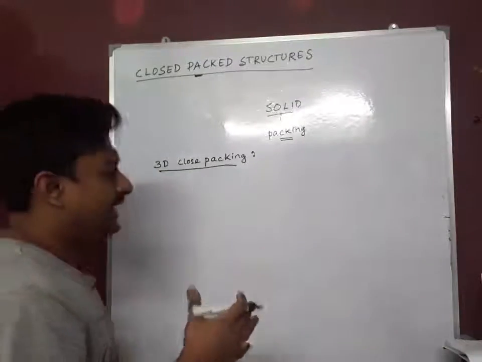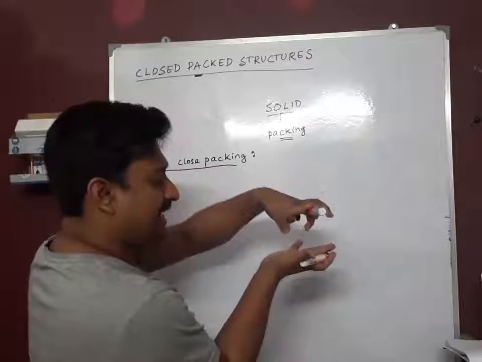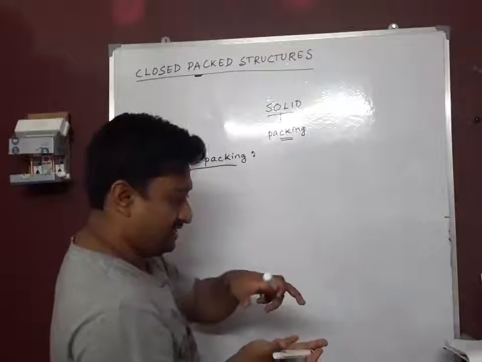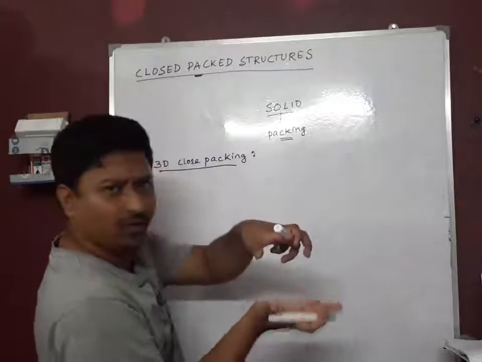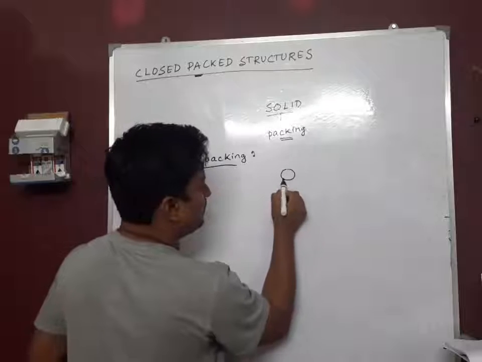Let's draw the first layer and the second layer. The first layer and the second layer are just over each other. Let's draw one way of arrangement.